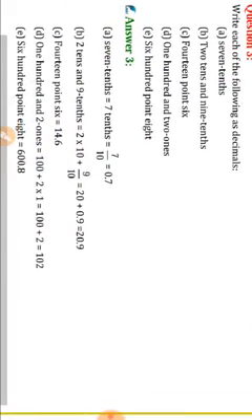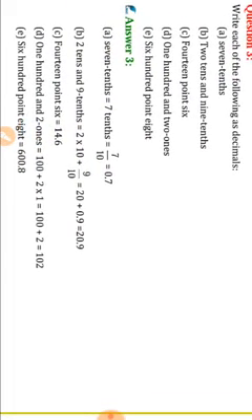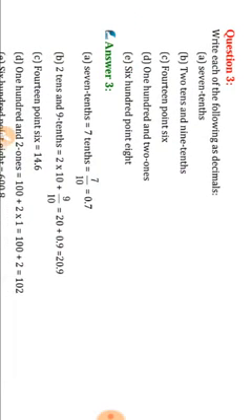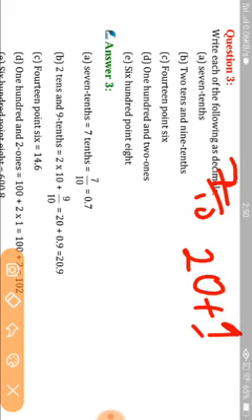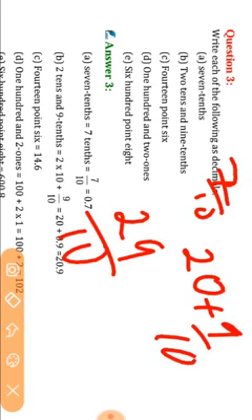Write each of the following as a decimal. 7 tens. 7 tens means 7 by 10. 2 tens means 20 plus 9 tenths means 9 by 10. So we can write as 29 by 10. Like that. Okay.